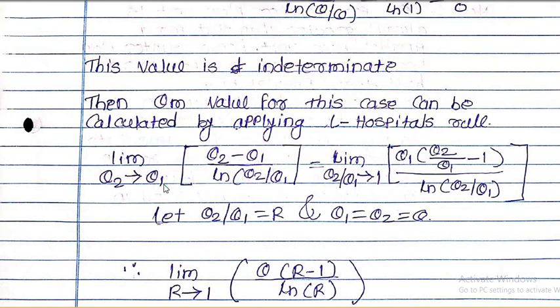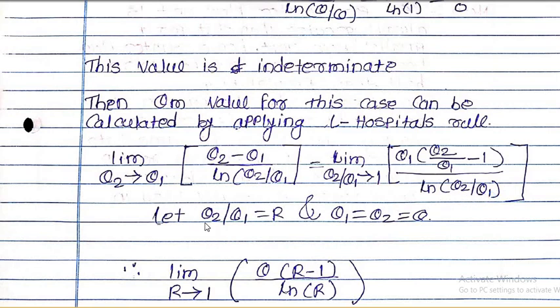Now we have taken this theta 1 on this side. The limit we are going to change, that is nothing but theta 2 divided by theta 1 tends to 1. Now in the equation we have taken common theta 1 from the numerator. So theta 1 into bracket theta 2 divided by theta 1 minus 1, bracket complete, whole divided by ln of theta 2 divided by theta 1.